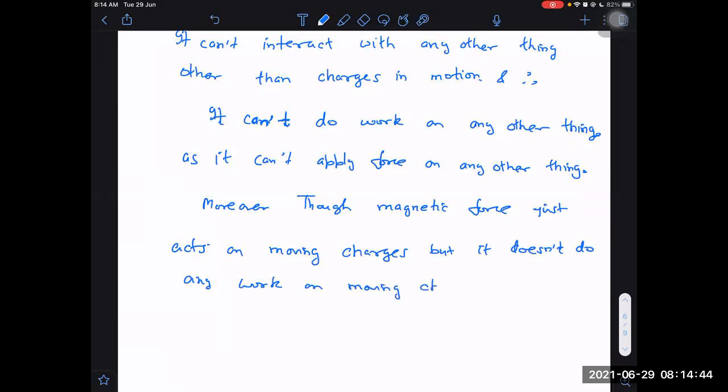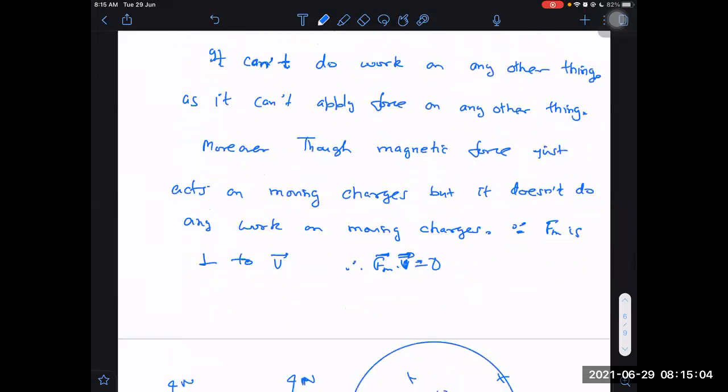Why doesn't it do any work on moving charges? Because magnetic force is perpendicular to velocity. Therefore Fm dot V will always be equal to 0, or the power supplied by the magnetic field is zero.